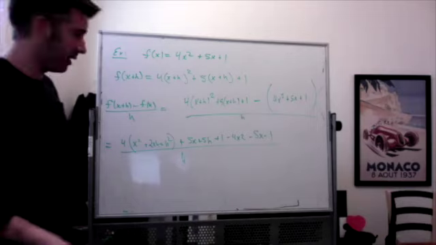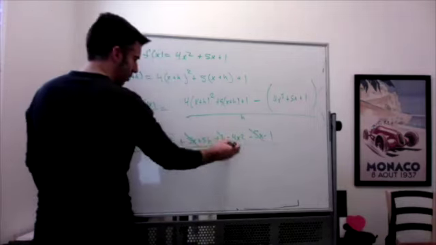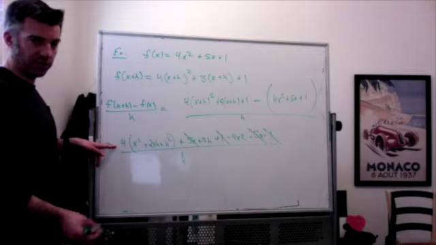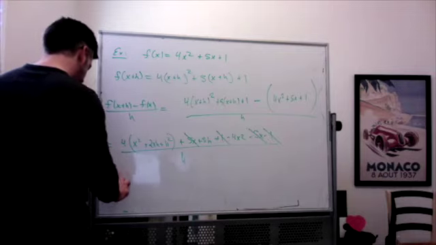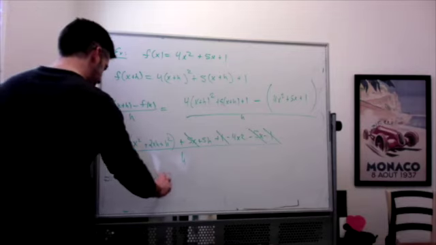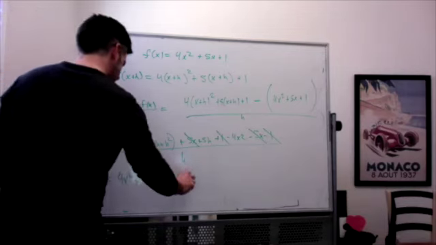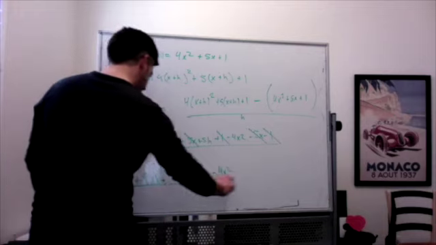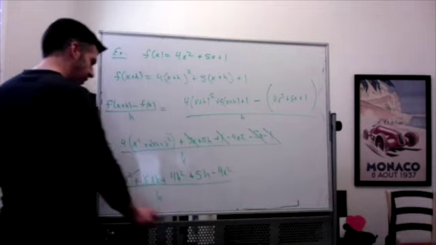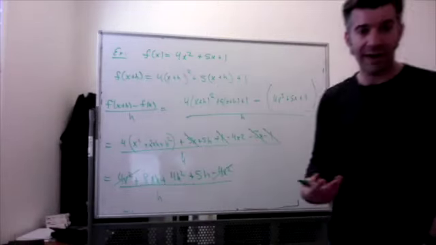I can cancel a couple things. I can cancel the 5x and the minus 5x. I can cancel the 1 and the negative 1. I can't cancel the negative 4x squared yet, though, because I haven't distributed this 4. So first I have to distribute the 4. I get 4 times x squared plus 4 times 2xh is 8xh, and then 4 times h squared, and then plus 5h, and then minus 4x squared, all divided by h. Cancel the 4x squared and the negative 4x squared. Notice, every remaining term on top has an h in it.